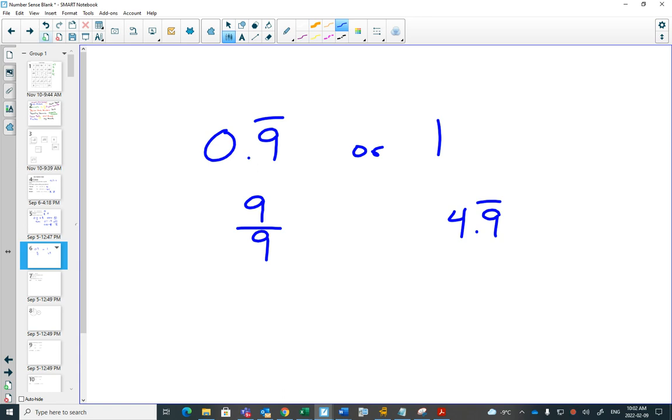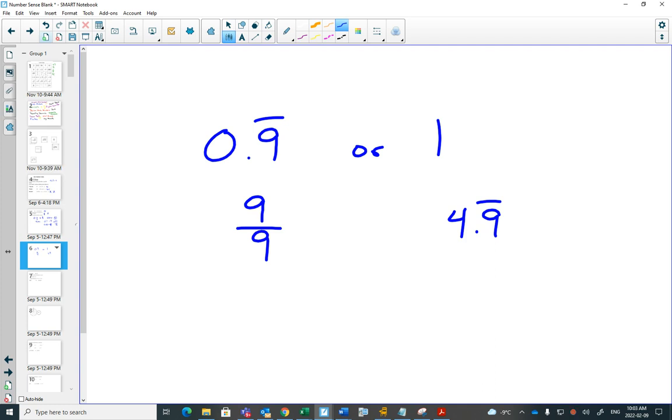But the interesting thing is, when you think about the two, your gut says that 1 is bigger than 0.9 repeated. That's how you feel it should be. It feels like they shouldn't be the same number, even though they are, because 0.9 repeated is 9 over 9, which is the same as 1, last time I checked.